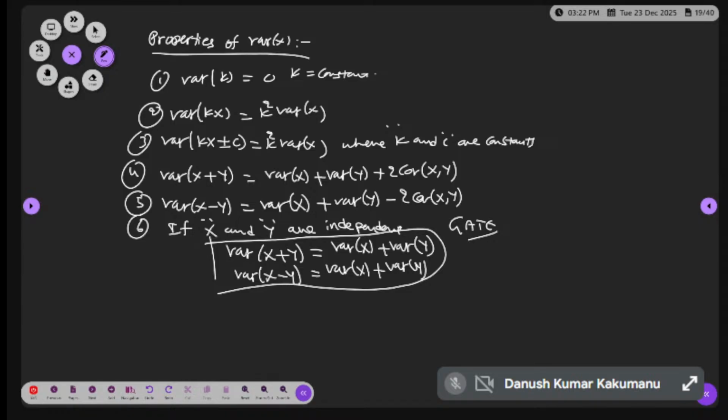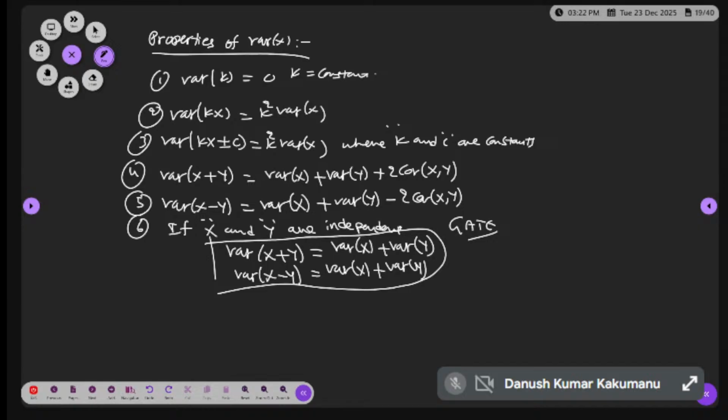All of you are understanding? Yes. So these are the properties of the variance. Properties of the covariance, properties of expectation, properties of the variance. All properties are very important. No confusion?